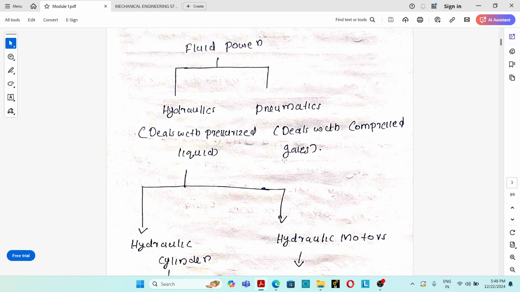In the case of pneumatics, it is known as a compressor. A hydraulic pump is a mechanical device used in the hydraulic system to energize or pressurize the hydraulic oil. And a compressor is another mechanical device used in a pneumatic system, which compresses the gas or air.